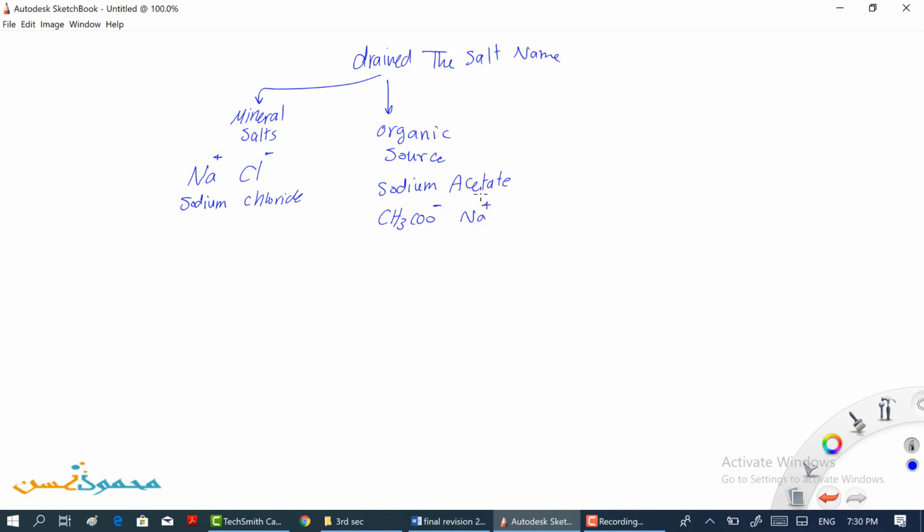So in organic salts we start with the negative type. What happens when salts have hydrogen? We call it hydrogen or bi, like NaHCO3. So we say sodium hydrogen, in this case it will be bicarbonate.